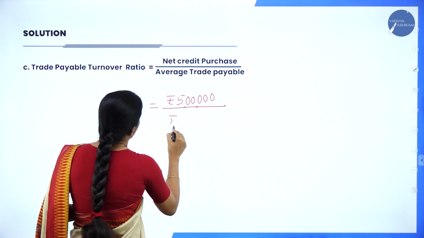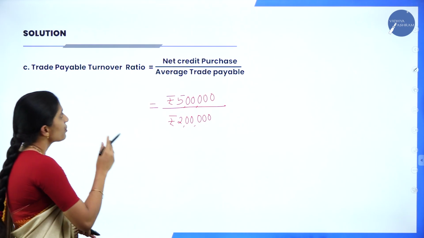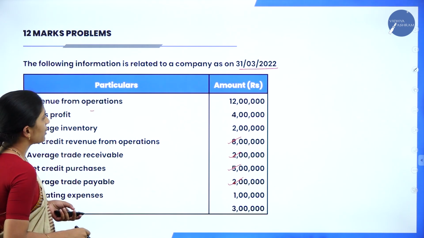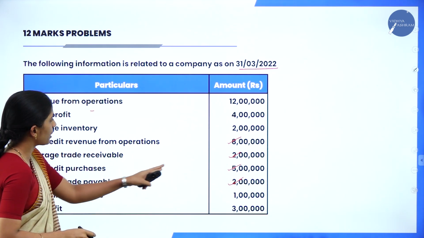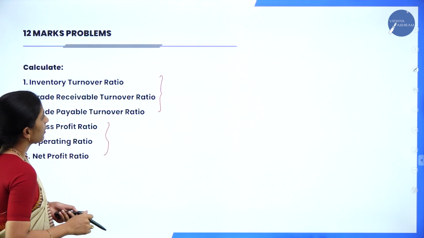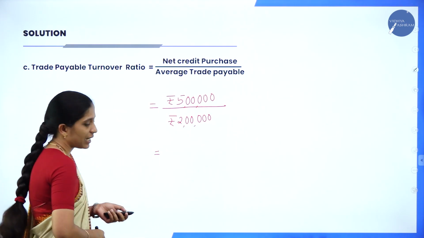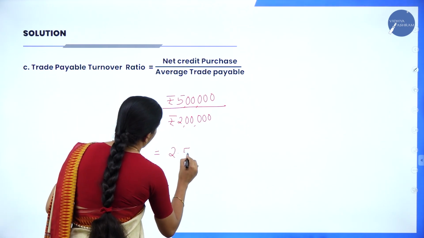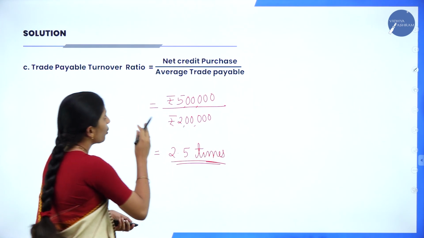Average inventory is 2 lakh, average trade receivable is also 2 lakh, average trade payable is also 2 lakh. So all the denominators are the same in this problem. So 5 lakh divided by 2 lakh will be 2.5 times. Hope you are clear.